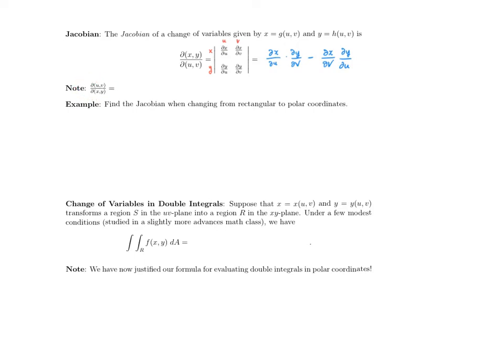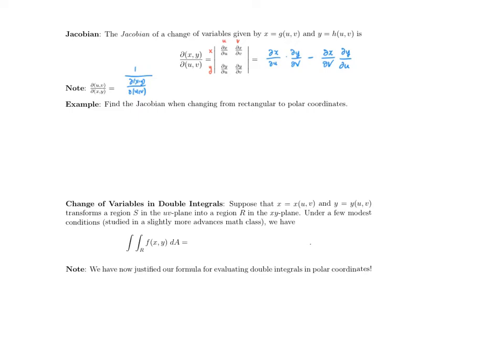And what I want to note is that these Jacobians actually behave much like fractions in the sense that this would be simply 1 over partial x,y, partial u,v. That is to say, if you want to switch around notationally the numerator and the denominator of the Jacobian, that's just, in a sense, taking its reciprocal.